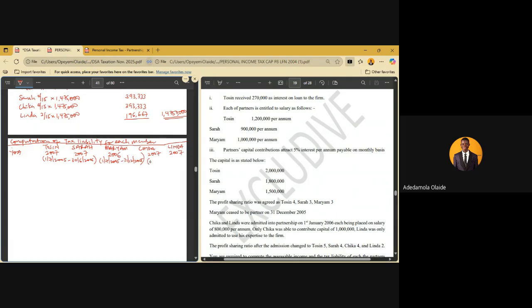And the basis period will be 1/1/2006 to 30 June 2006. So what do we have then? Income. Distributable profits.